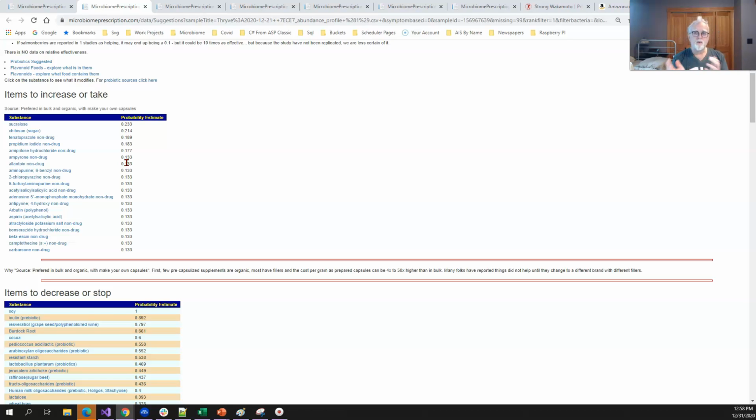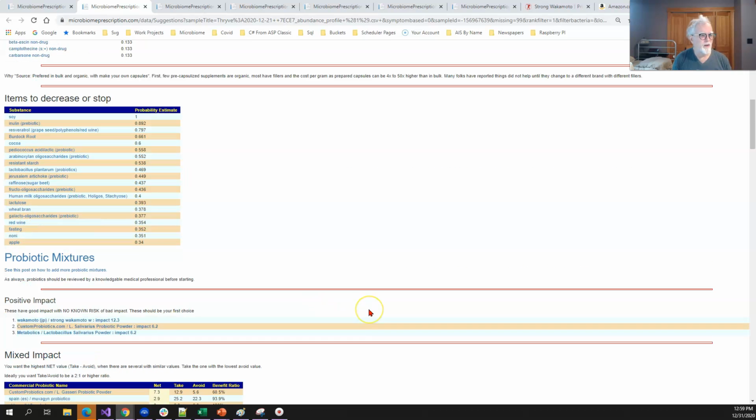And we also factor in how many bacteria is likely to be impacted by it helping or not helping. So it is trying to get a single number to describe a complicated multi-vector surface, which is moving in time. And then down below, things which should be avoided. Again, we still have our little Japanese probiotic sitting there in the list.